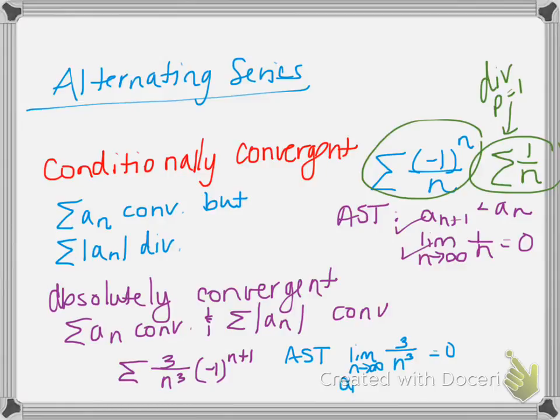I also know that every term is less than the one before it, so it converges by the alternating series test with the negatives. Now if I take away the negatives, we have 3 over n to the third. That converges by the p series. So it converges with the negatives and it converges without the negatives. That makes it absolutely convergent.